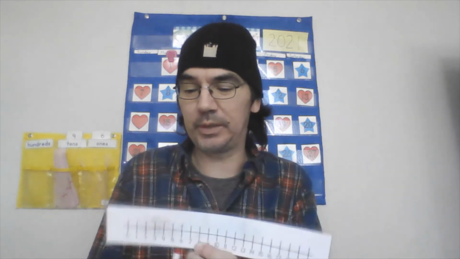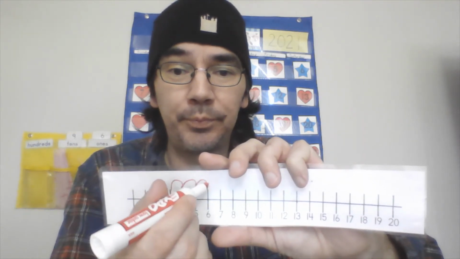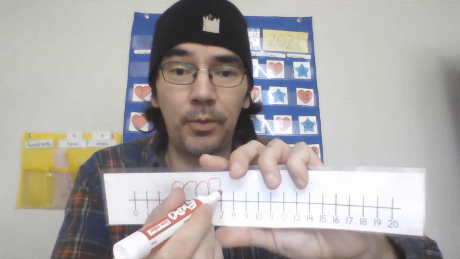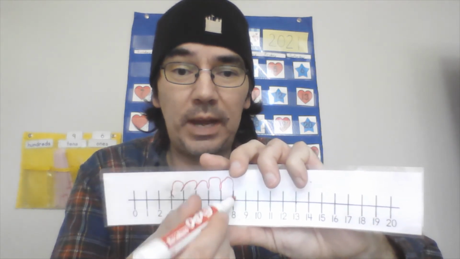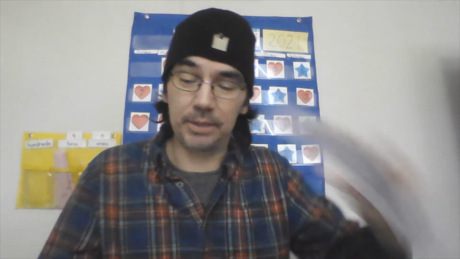Remember, when we use our number line, when we're jumping, we only count when we land. Ready? So we have 1, 2, 3, 4, 5. What did I end up on? 8. So I went from 3 to 8 in 5 jumps.